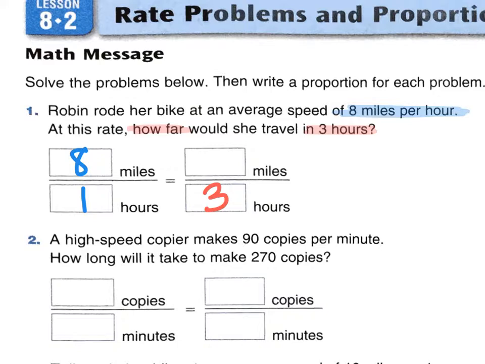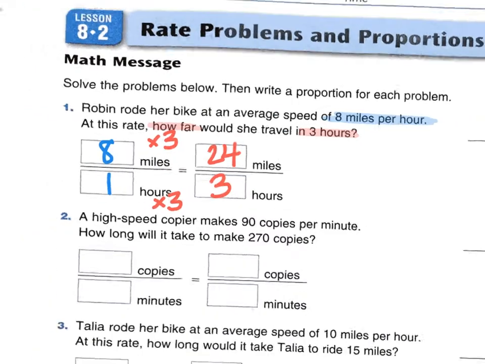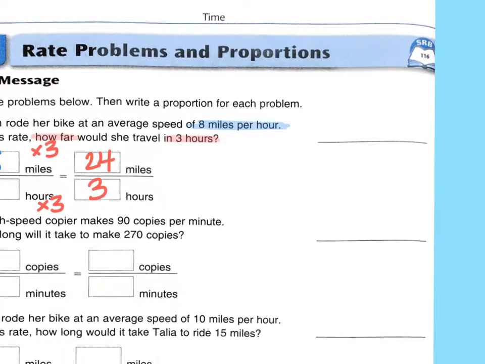There are a few ways to do this, but probably the simplest way for this one is to look and see, well, from 1 to 3, that's simply times 3. So up here, if we go 8 times 3, just like we did in our denominator, we will get 24 miles. And then all you need to do is go over here, write your answer, making sure that you label 24 miles.